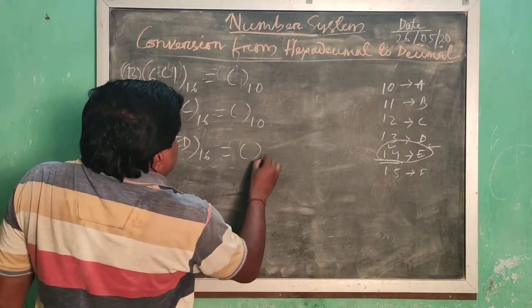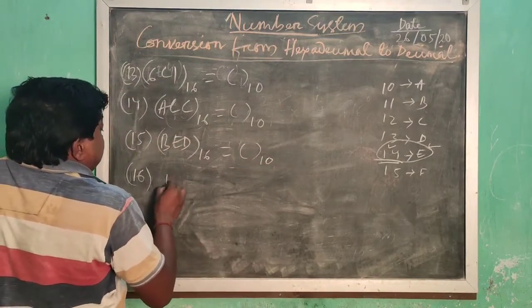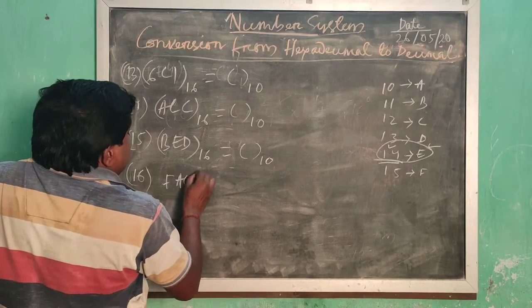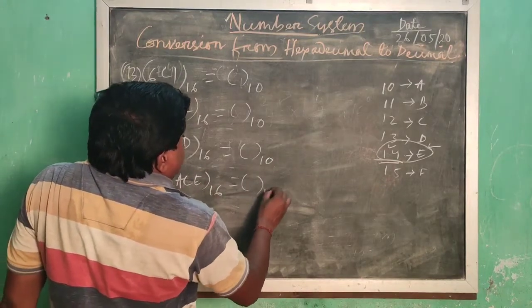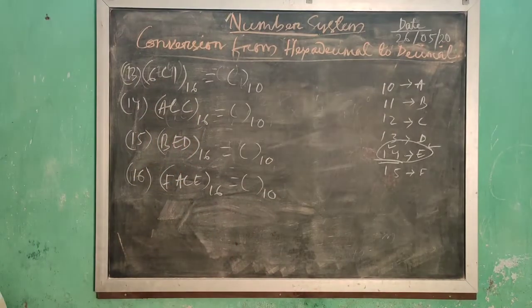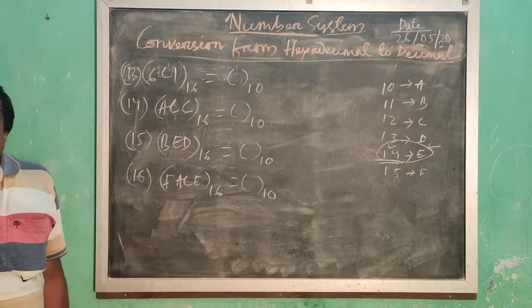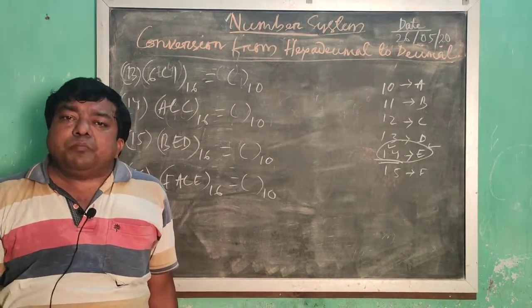You have to convert it into decimal form. And the last one, FACE, base 16. You have to convert it into decimal form. Okay, all of you solve this homework and write the answer in the comment section.